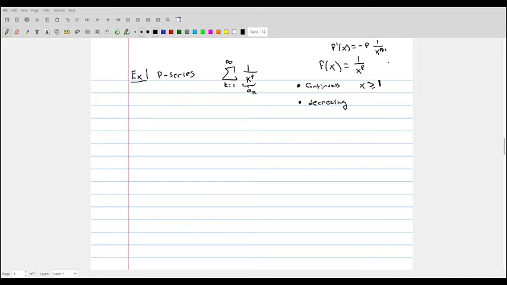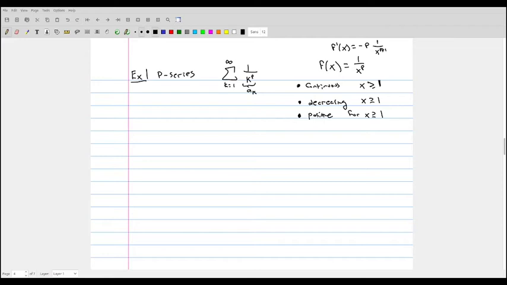And this function is always negative for any x values that are positive. Therefore, this is a decreasing function when x is greater than or equal to 1. And the function itself is positive for x greater than or equal to 1.